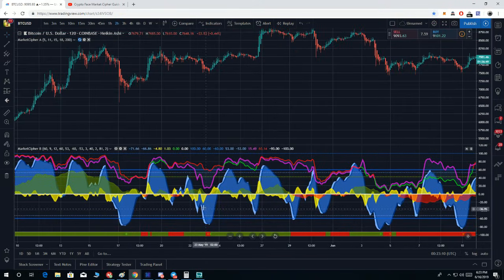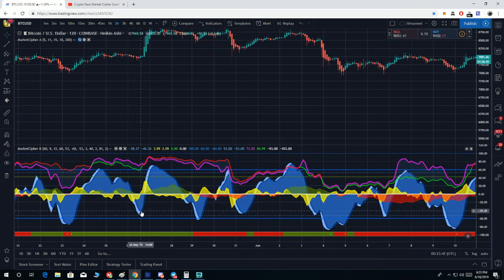Okay, so first thing we're going to look for is a nice healthy blue wave, a nice big one, typically that dips below or above this blue line marker right here. So when this blue wave came down, we're looking for another blue wave that is smaller, shorter than the previous. So boom, we have a blue wave right here.